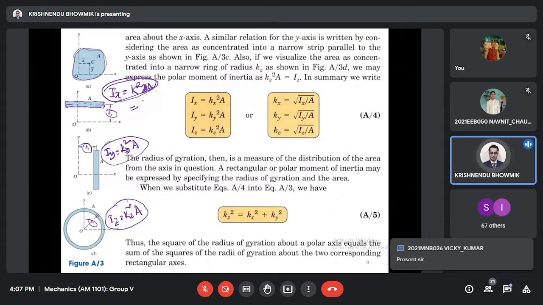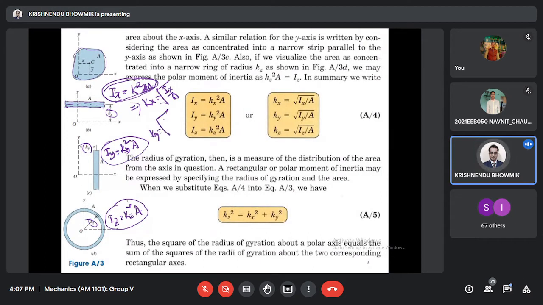Then from this we can write kx equal to square root Ix by A, ky equal to square root Iy by A, kz equal to square root Iz by A. Somebody calls this kappa also. I am writing just small letter k, don't worry.